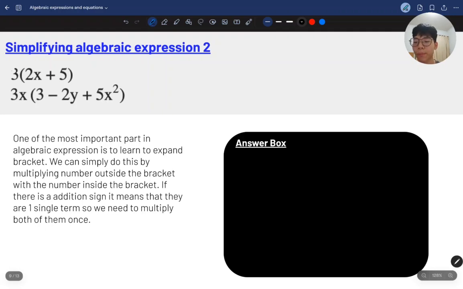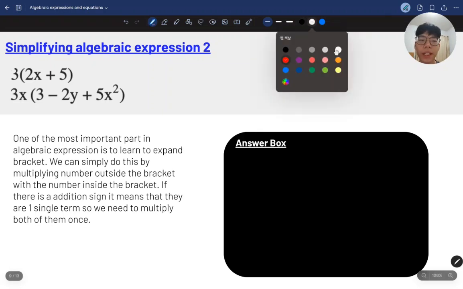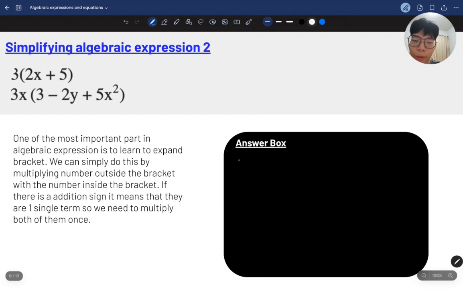So we need to multiply both of them once. This may sound complicated, so let's just try with the question. 3 bracket 2x plus 5. How we need to simplify this is that we are multiplying 3 with 2x and 3 with 5, which is 6x plus 15.